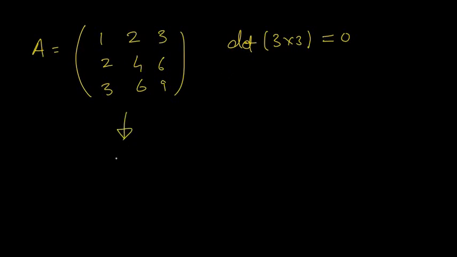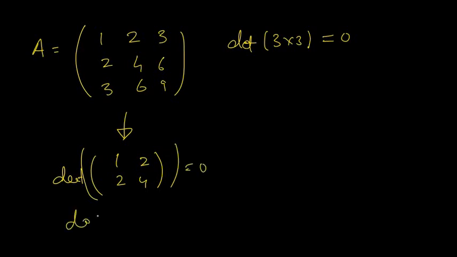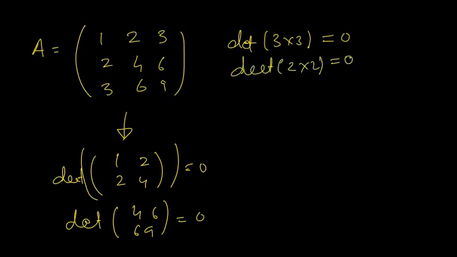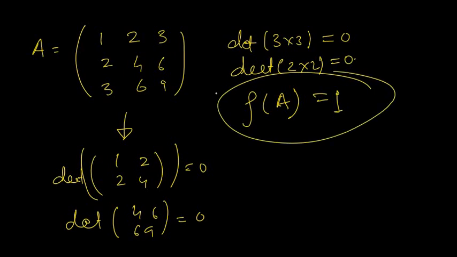If you take any 2 cross 2 subset, like 1 2, 2 4, its determinant is 0. If you take another subset, let's say 4 6, 6 9, its determinant is 0. So the determinant of 2 cross 2 is also equal to 0. So the rank of the matrix, rank is represented by rho, is 1. So for this matrix, the rank is equal to 1.